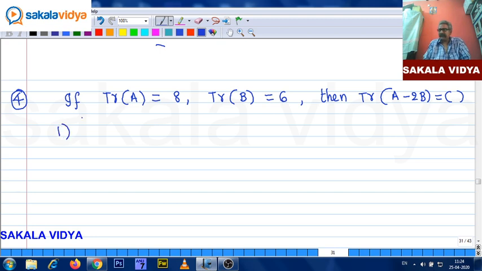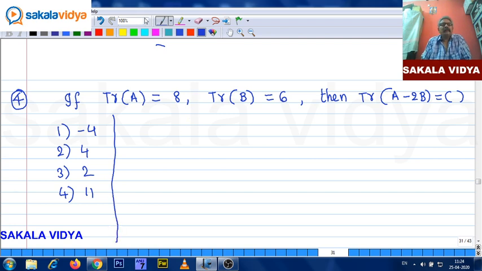First option is minus 4, second option is 4, third option is 2, fourth option is 11. Here we had a technical problem with the digital board. Okay, now it has been rectified. Trace of A is equal to 8, trace of B is equal to 6. We need to find trace of A minus 2B.